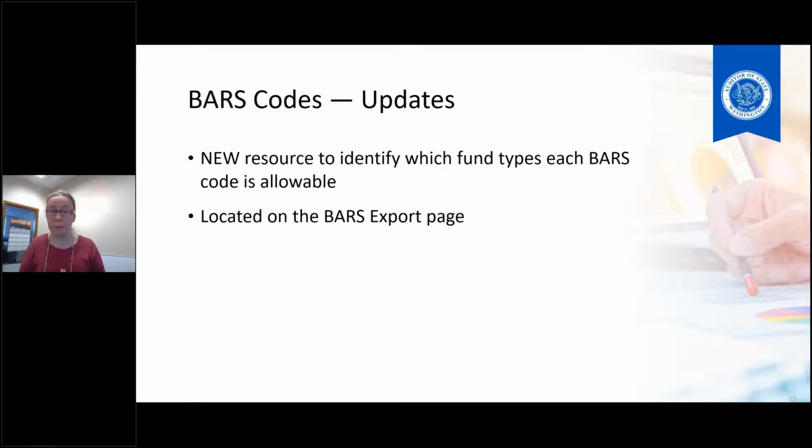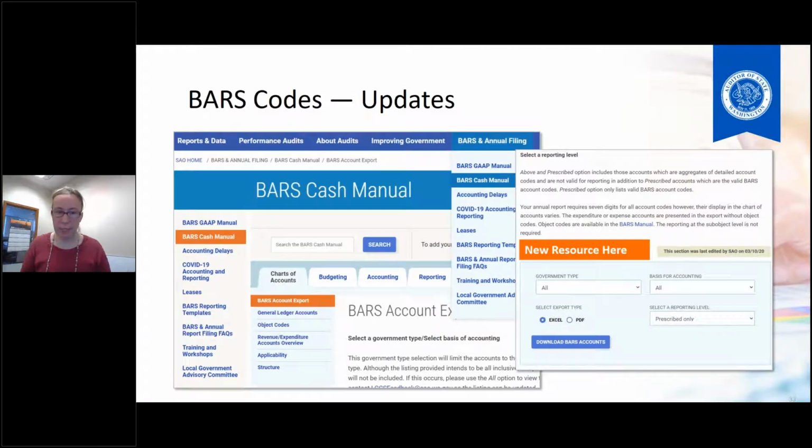to your government. To make this a little easier, we are putting this resource on the BARS export page, so it will be right by your chart of accounts. So if you go to the cash manual, the first tab's chart of accounts. First page under that tab is BARS account export.